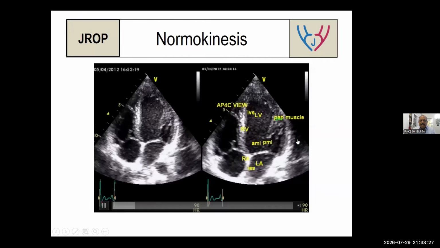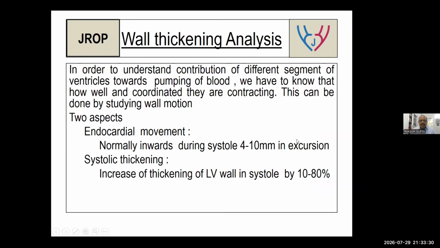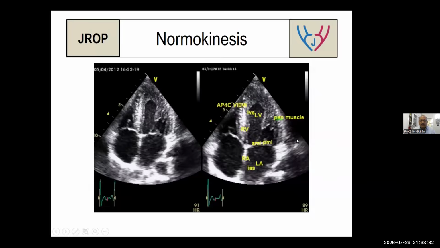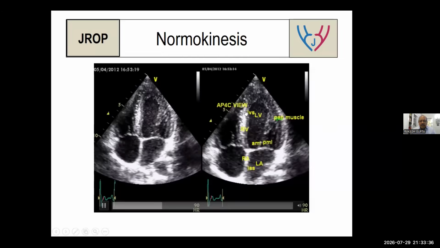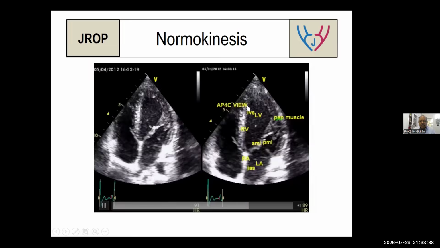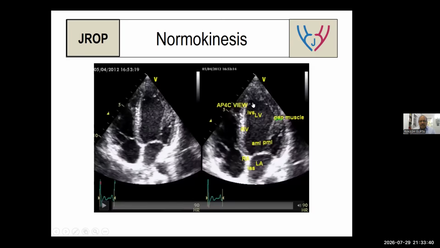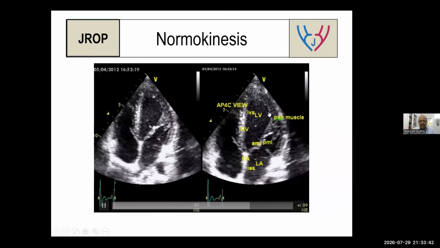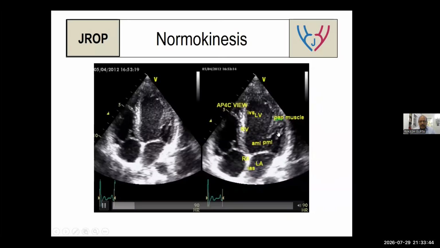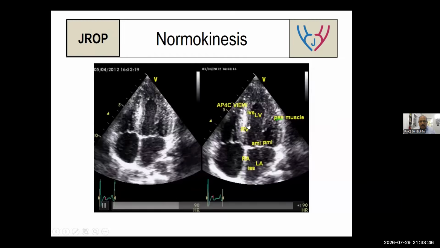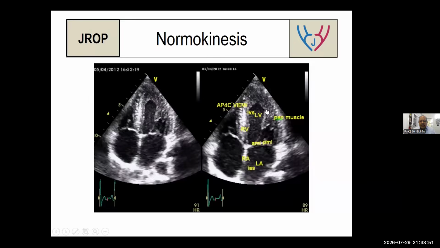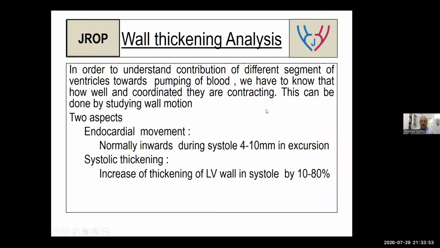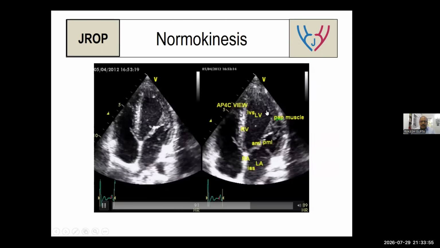So we understand that we have pericardium, myocardium, and endocardium. When we look for echo, we are not looking at the myocardium. This is myocardium. We are looking at this endocardium, which shows thickening. We look at this endocardial thickening to say normokinesis, hypokinesis, akinesis, or dyskinesis.